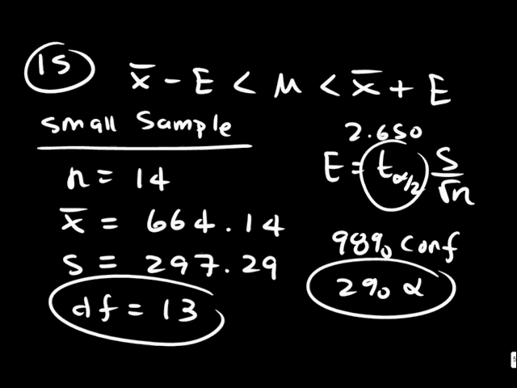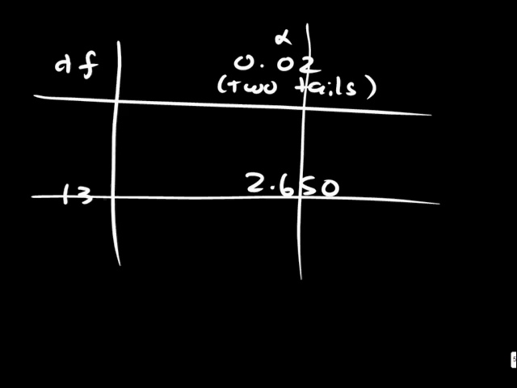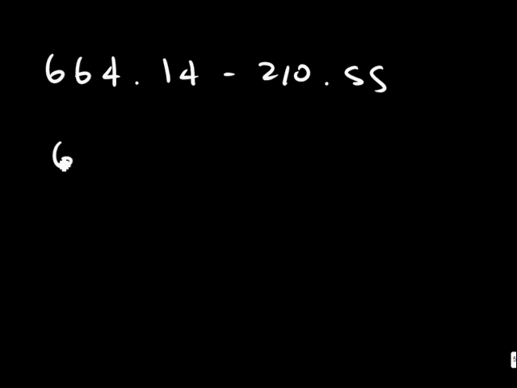The sample mean here is 664.14. 664.14 minus the error, 664.14 plus the error. 664.14 minus 210.55. 664.14 plus 210.55.